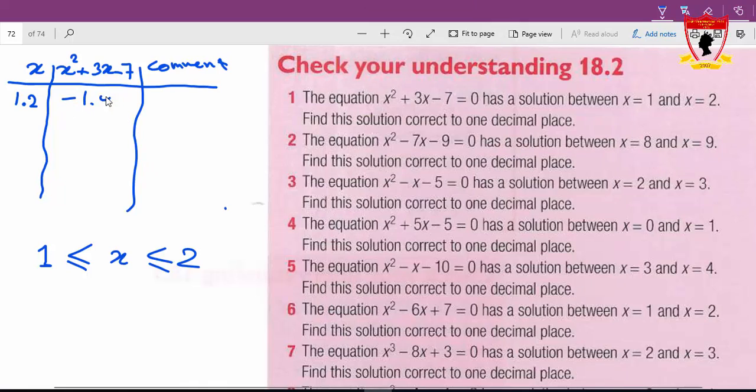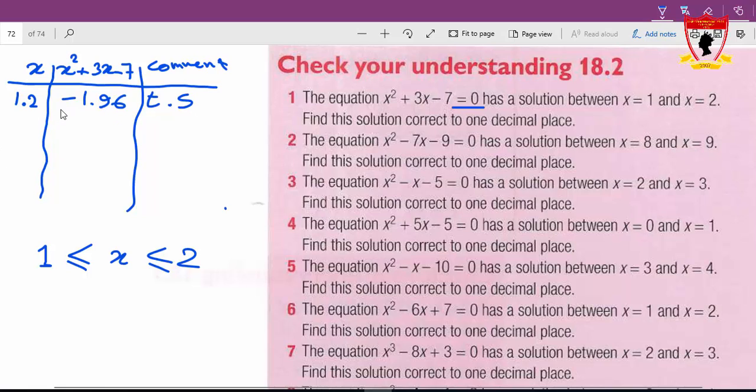Negative 1.96 is too small compared to 0, because we want to get 0 or something too close to 0, like 0.01. Okay, negative 1.96 is too small.